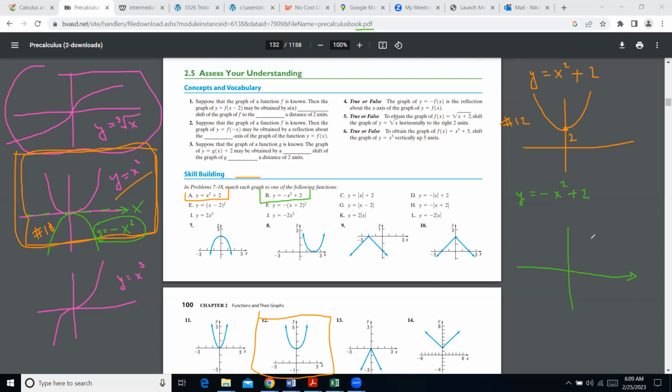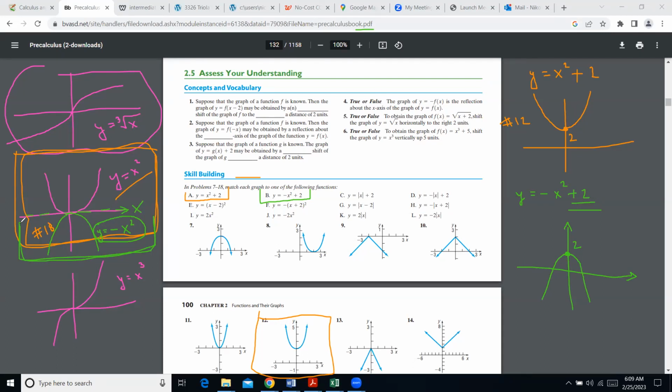Well, similarly to the previous example, we also added 2 to the whole thing, right? That plus 2 means that the whole picture also shifted 2 units upwards. So that parabola, the green one from that left side, the one that opens down, was actually brought up 2 units. How about that?